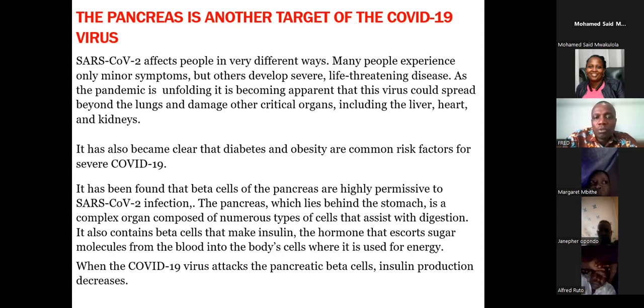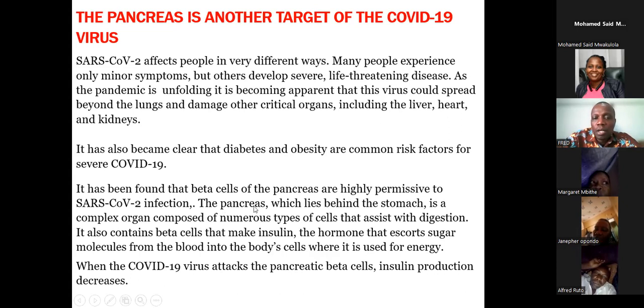You remember there was a very big issue about taking high levels of zinc, vitamin C, boosting your body immunity, taking a lot of fresh fruits and vegetables to fight the pandemic. However, it was found that the beta cells of the pancreas were highly permissive to the COVID-19 infection.